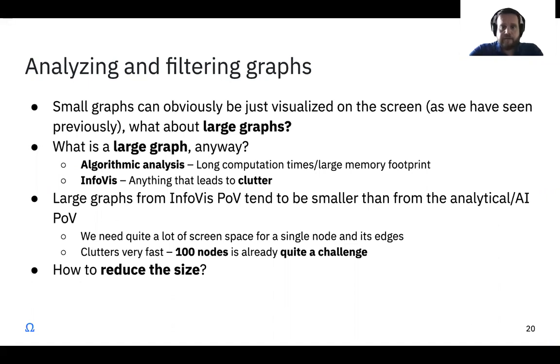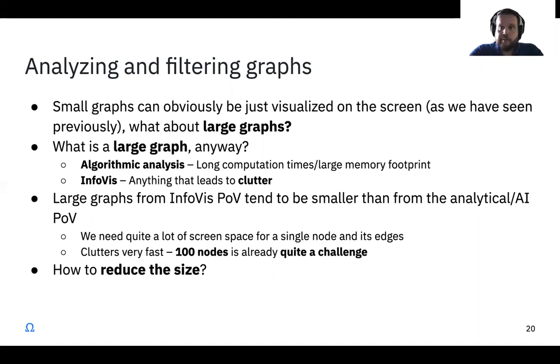That's a very simple concept. From my experience, large graphs from the InfoVis point of view tend to be much smaller than those from the analytical or AI point of view, because we need quite a lot of screen space for a single node and its edges. If you remember a scatter plot, a single data point is just one dot on the screen. Whereas with the classic node-link way of displaying graphs, as we have seen in the previous slides, you need the node and also all of its edges.